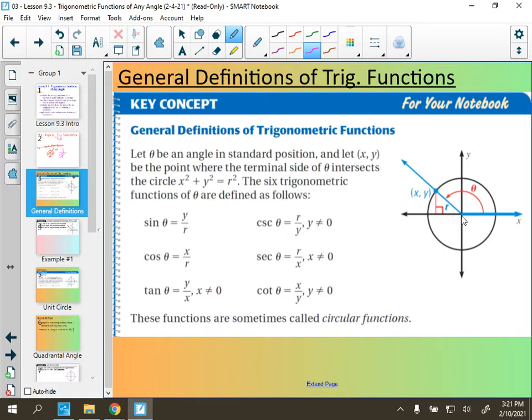We're still talking about angles in standard position. Theta is still an angle in standard position. If we had to eyeball it, it's about a 120 degree angle. The terminal side of the angle moves around what is a circle with a radius r, an unknown number.